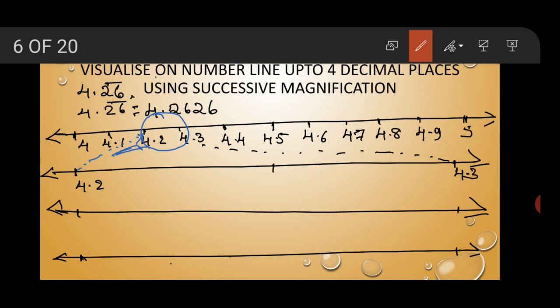This is 4.3. Again divide this into equal 10 parts. Here also divide it into equal 10 parts. So what is this point?